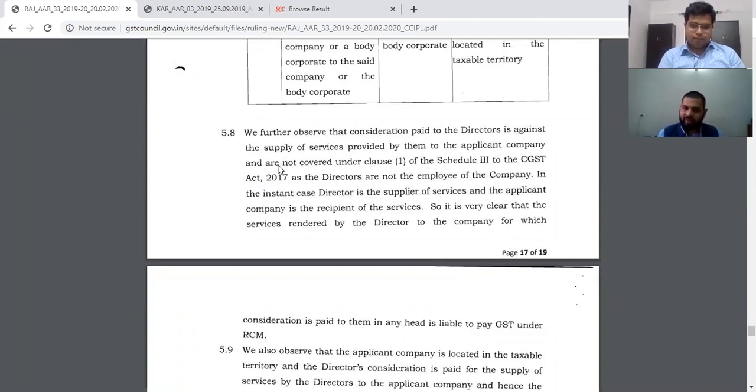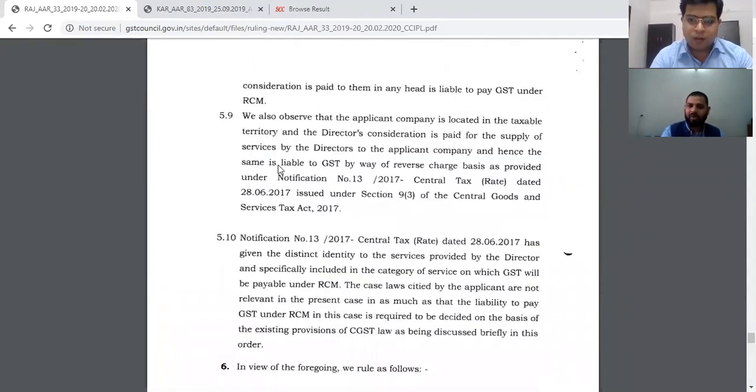So it is very clear that the services rendered by the director to the company, for which consideration is paid to them under any head, is liable to GST under RCM. So they have completely ignored the nature of the relationship between the director and the company. They have not taken due cognizance, and accordingly they have arrived at a conclusion which is not legally correct per se.